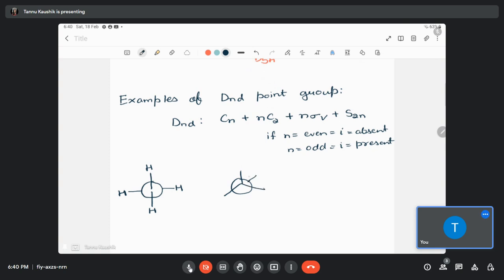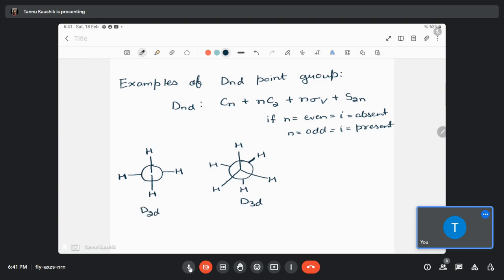This is staggered ethane. It will have D3d point group. It will have D2d point group.